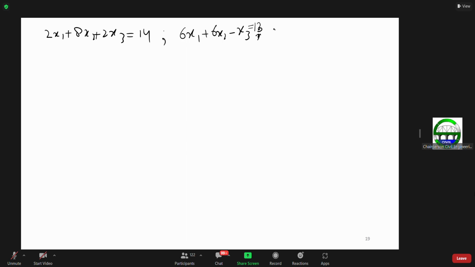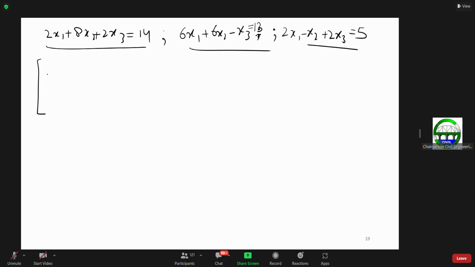And finally, the last one is 2x1 minus x2 plus 2x3 equals 5. So first, second, and third equation. Same method, make the augmented matrix: 2, 8, 2, 14; then 6, 6, minus 1, 13; and then 2, minus 1, 2, and 5.